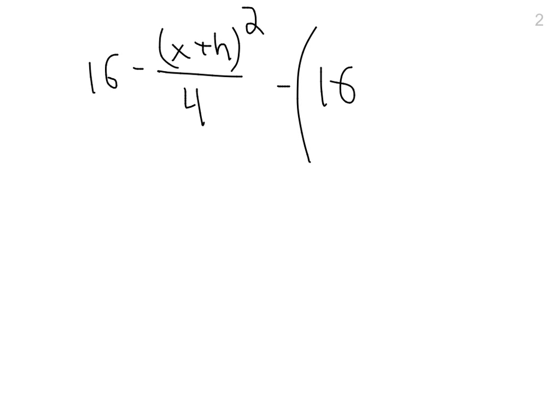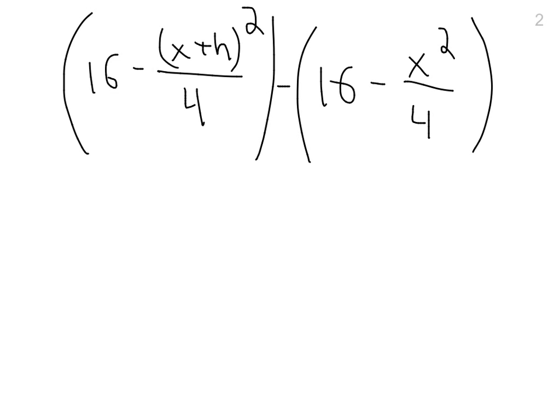So if we plug in f of x plus h, we're going to have 16 minus x plus h squared over 4. So that's f of x plus h. Here is f of x, 16 minus x squared over 4, and that's all over h. So, once again, x plus h squared is x squared plus 2xh plus h squared.